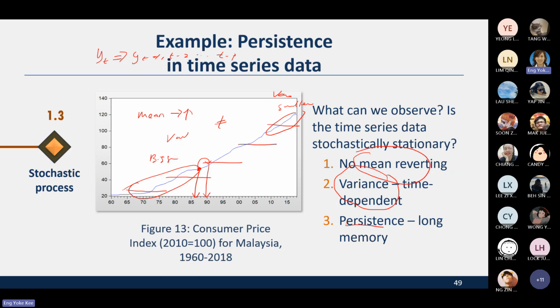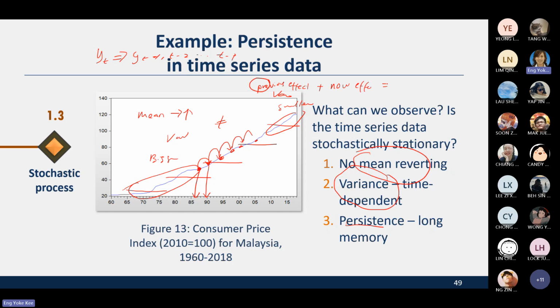Your behavior in the past will carry over to the next period. Your data will have a carry over effect, so it will make the value of the data become bigger and bigger every year. Previous effect plus now effect.